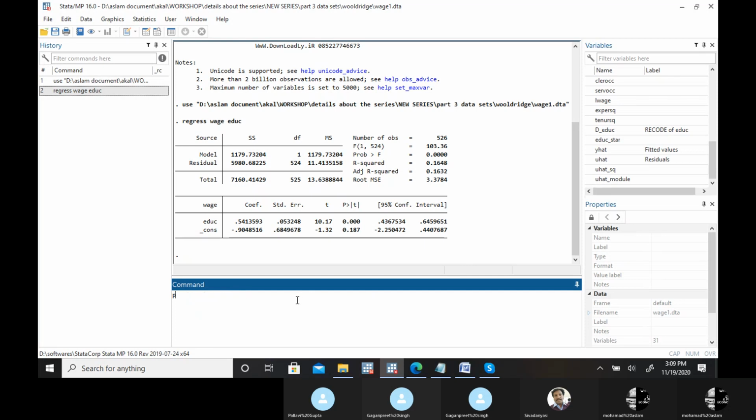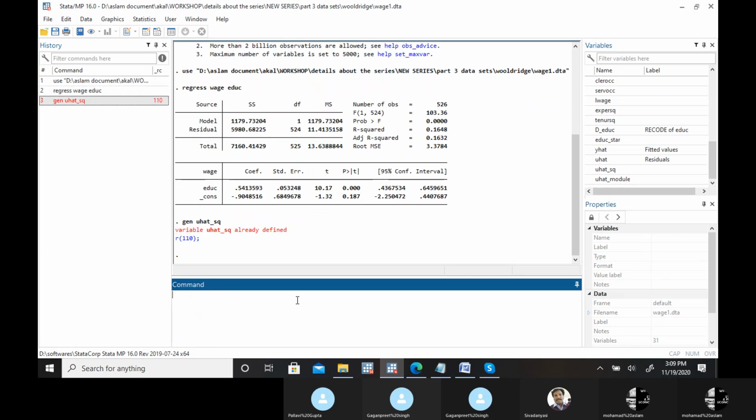Then take a square of U hat, that is generate U hat square, you can give any name, equal to U hat multiplied by U hat. That's U hat square. Similarly, find Y hat square: generate Y hat square equal to Y hat into Y hat.